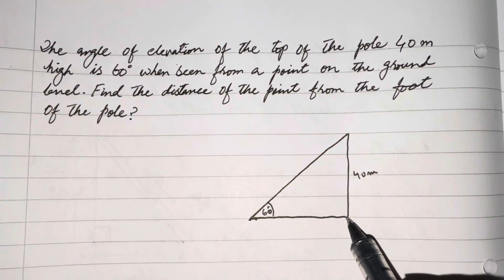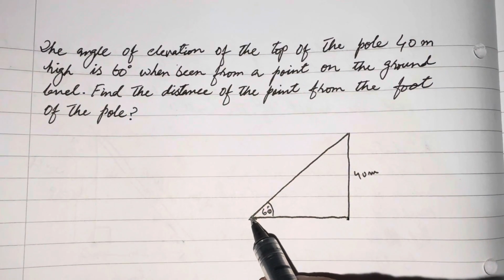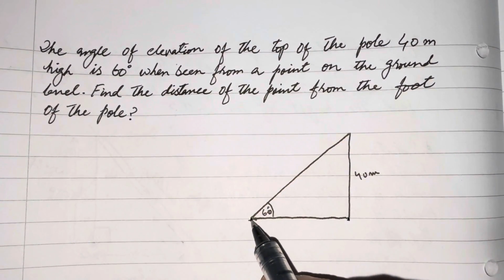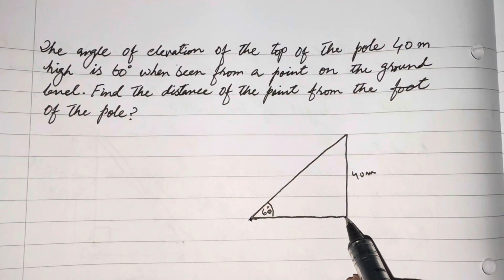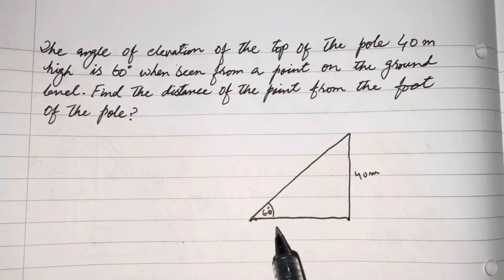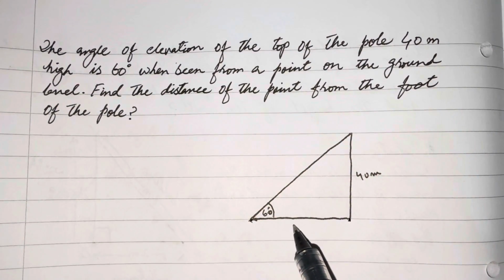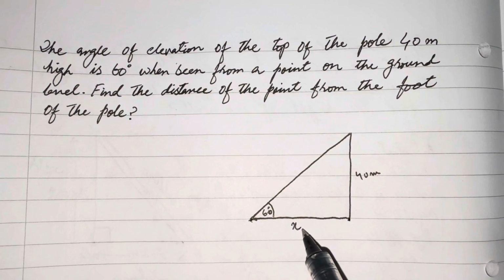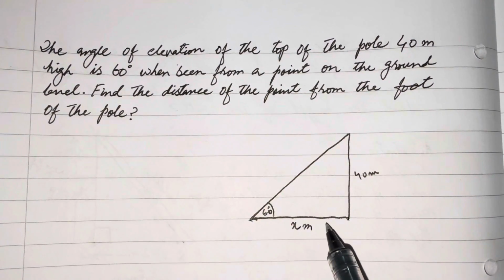So the foot of the pole is there and the point is there where the angle of elevation is making. So we have to find this distance from the point to the foot of the pole. So let's suppose this is x meter, and we have to find what is the value of x.